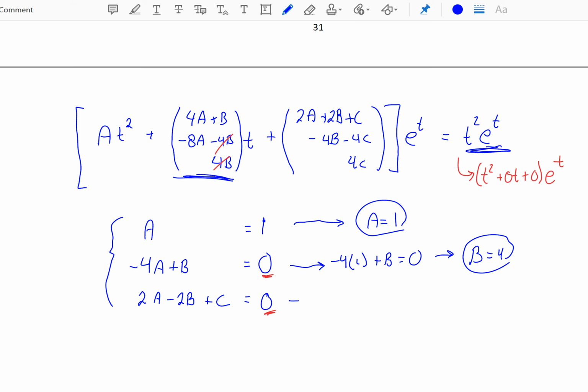But if a is 1 and b is 4, then the third equation would be 2 minus 8, so negative 6 plus c is 0. c has to equal 6.